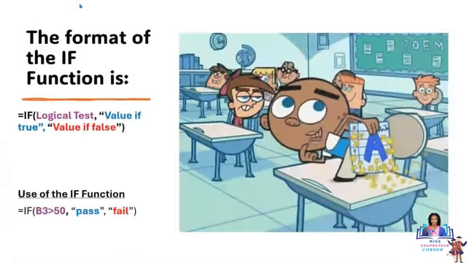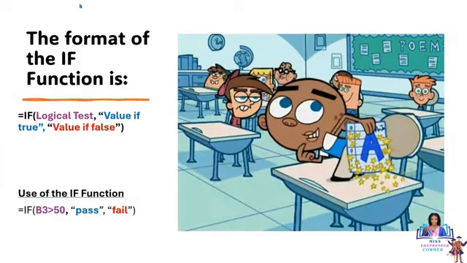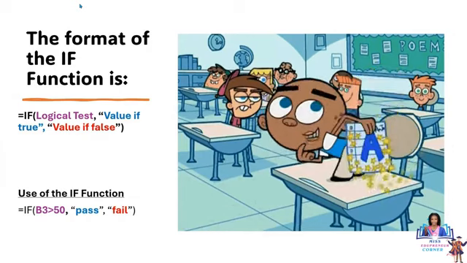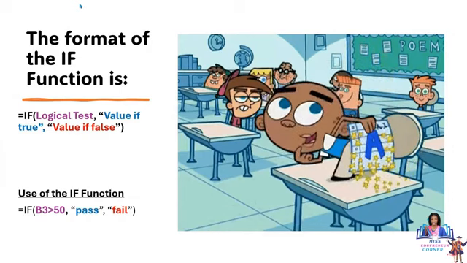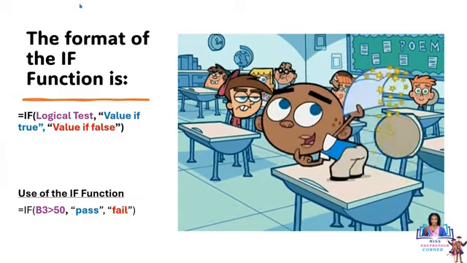So the format of the IF function is equal IF, open bracket, you have the logical test, comma, value if true, comma, value if false, and please take note that the value if true has to be in open and close quotation, as well as the value if false. And there we have an example at the bottom.